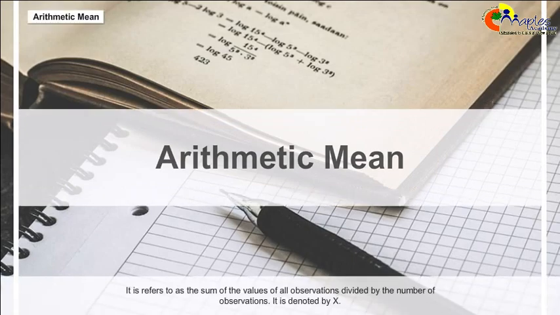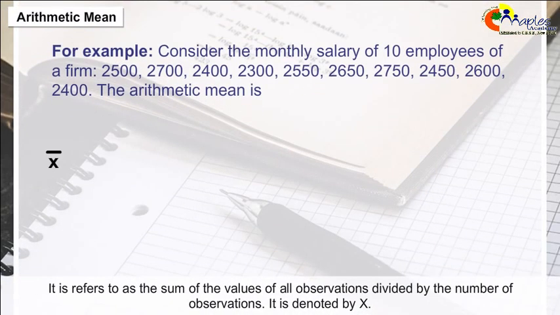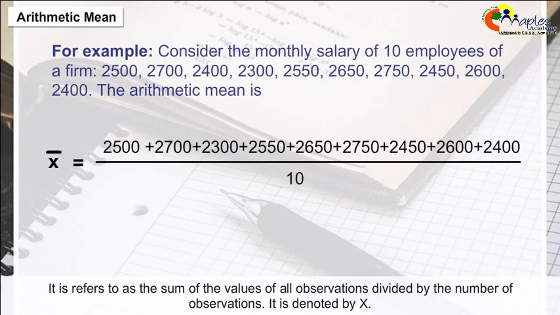Arithmetic mean. It is referred to as the sum of the values of all observations divided by the number of observations.